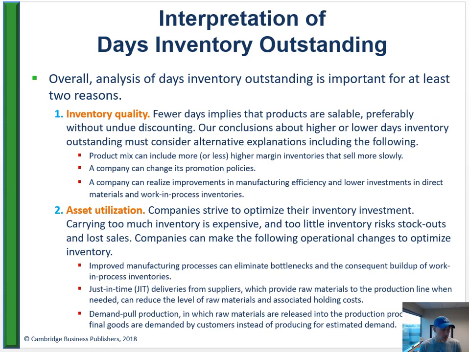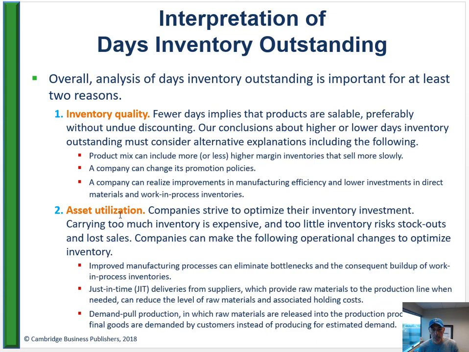And our authors here again walk us through some examples of fluctuation in days inventory outstanding, and they give us some typical explanations. So again, product mix. A company can change its promotion policies. A company can realize improvements in manufacturing. So that's inventory quality.